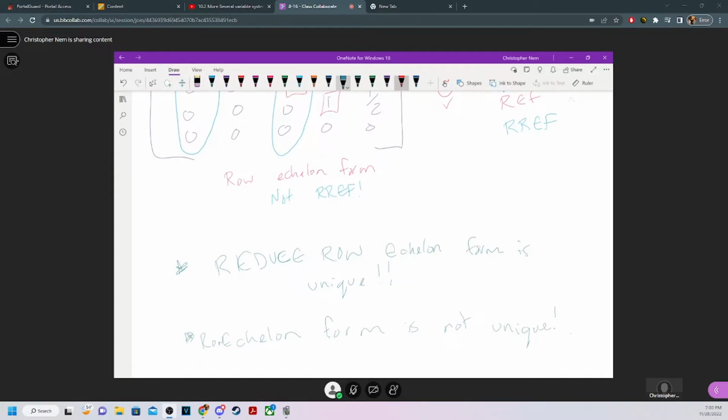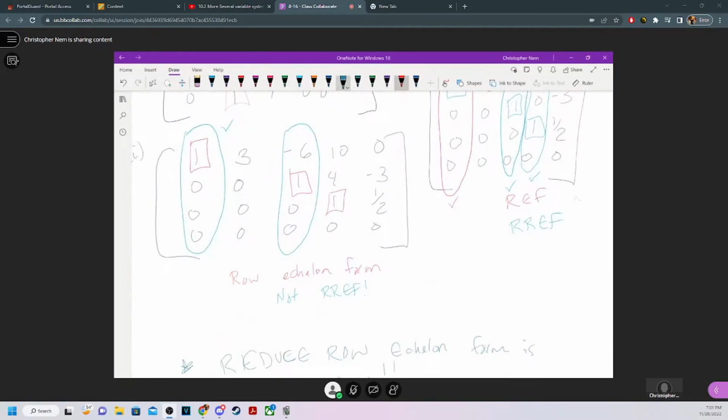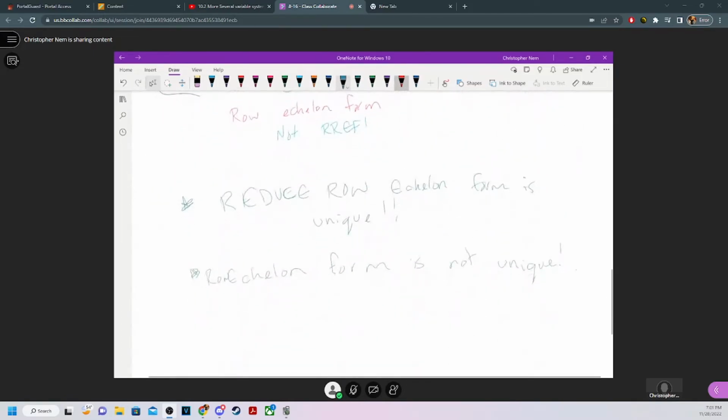What this means is that if two students were to do different ways of simplifying their matrix, but they have it in reduced row echelon form, as long as they did their math correctly, they should both have the same exact matrix. If two students were to just put it in row echelon form without having these columns with the leading entries being only zeros, two students might have different matrices. They both might be correct, but they might be different.